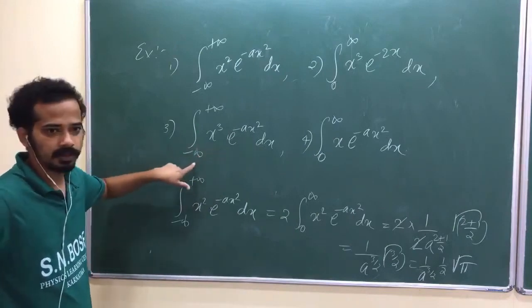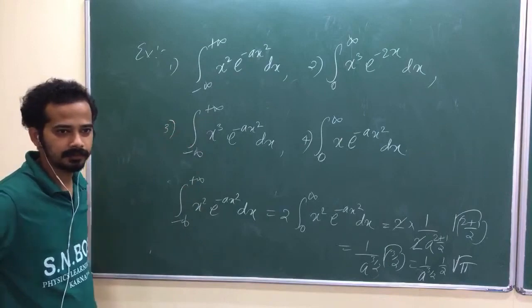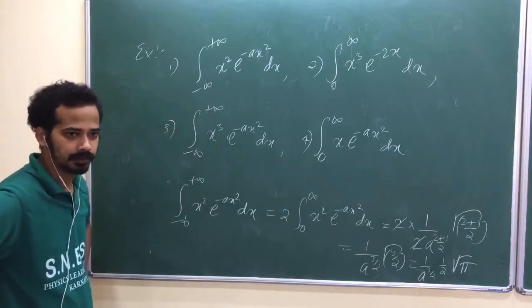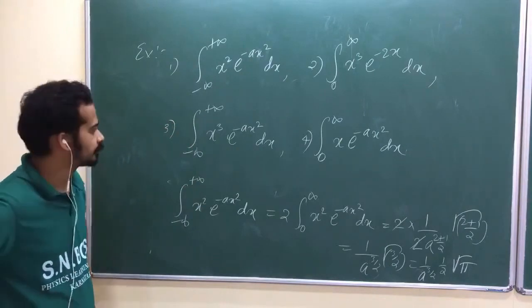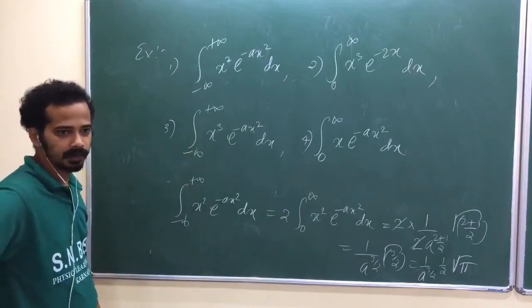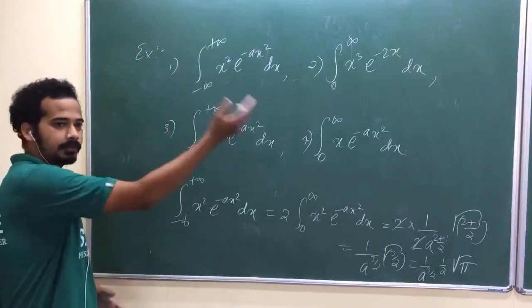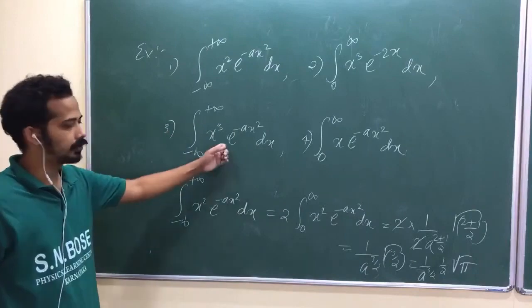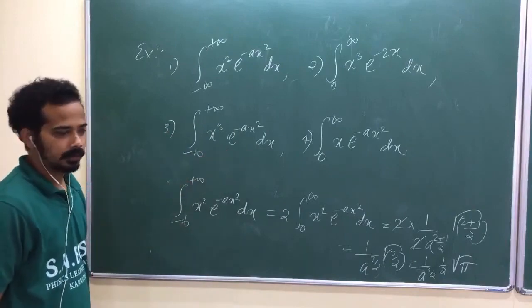Odd function. Limit is symmetrical. Then speak out. It's okay. 0. Isn't it? Area under the curve, because one positive area, one negative area, it will be 0. It's 0. Is that okay?